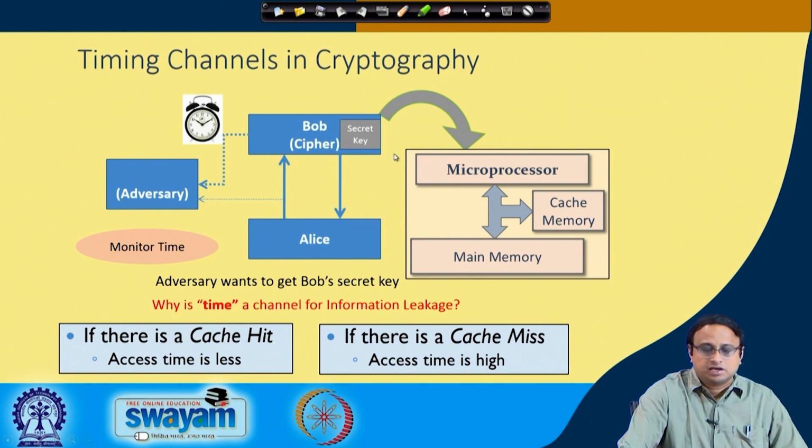The secret key is embedded in his own computing system, and the adversary should definitely not have access to the secret key, because then the entire security collapses. Now we can assume that the computing system on which Bob is working is a general purpose machine, which from the von Neumann model looks like this.